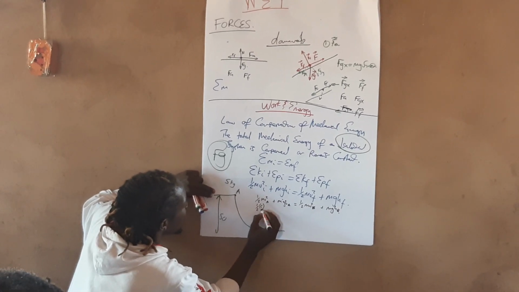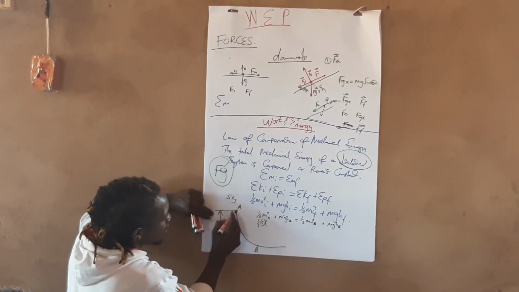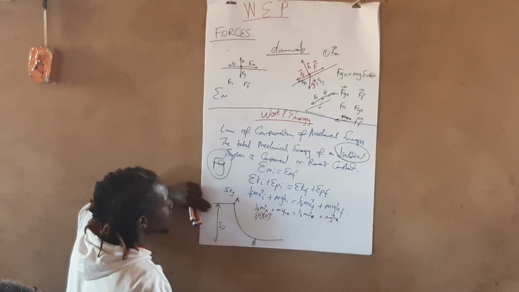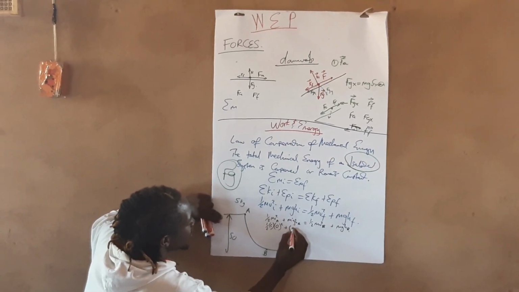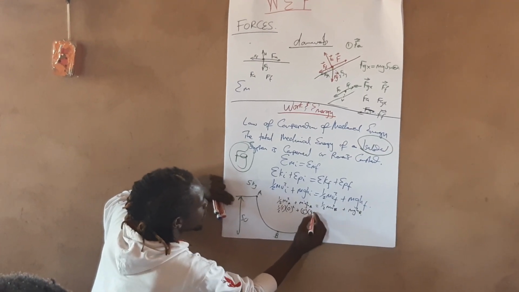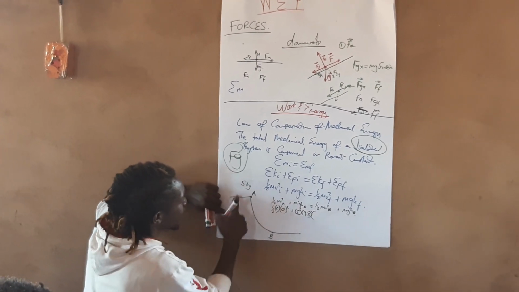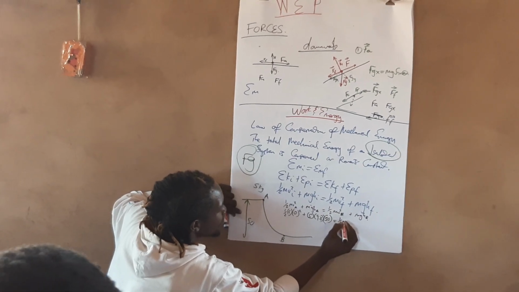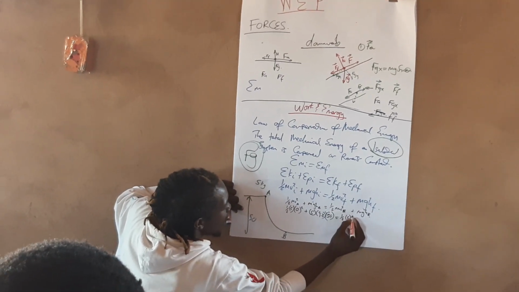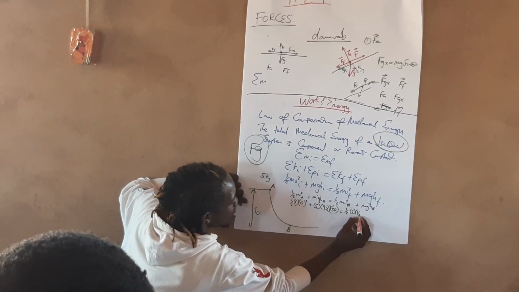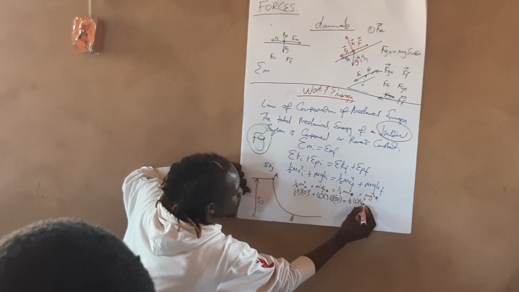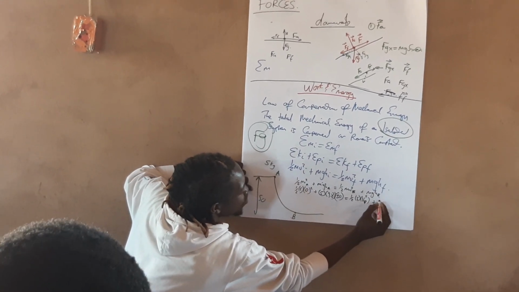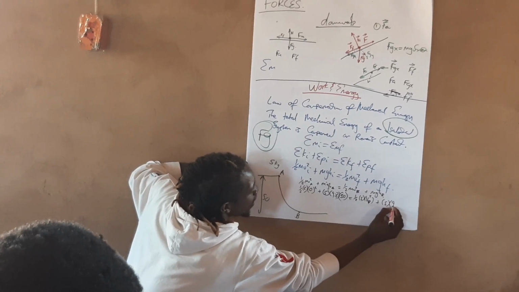So this will be half, what is the mass? 5. And what is our initial velocity? 0, because it is starting at rest. Plus our mgh, our m is 5, g is 9.8, and what is our height there? 50 meters. Equals half, what is our mass? 5. And our v squared final, we are looking for it, at point B. Plus what is the mass? 5, 9.8.